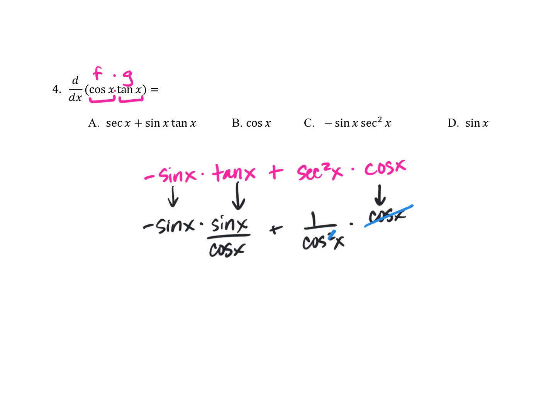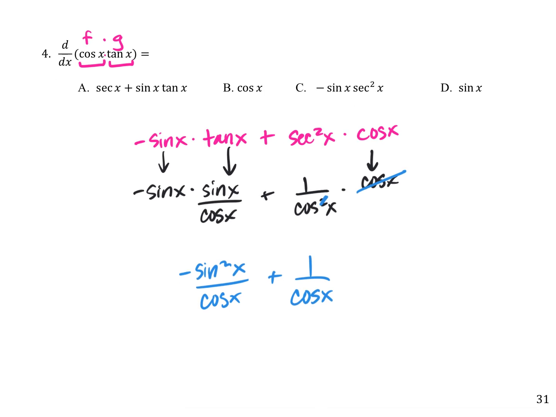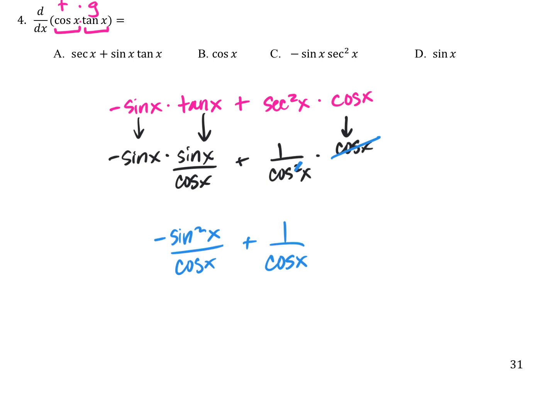So let's multiply these together. I've got a negative sine squared over cosine plus 1 over cosine. Negative sine squared plus 1, that's the rearrangement. You're exactly right. Sine squared plus cosine squared is 1. Well, before I even say that, we've got common denominators, guys.